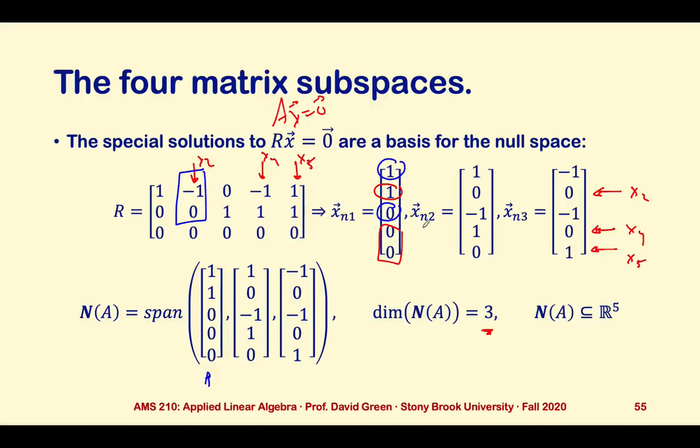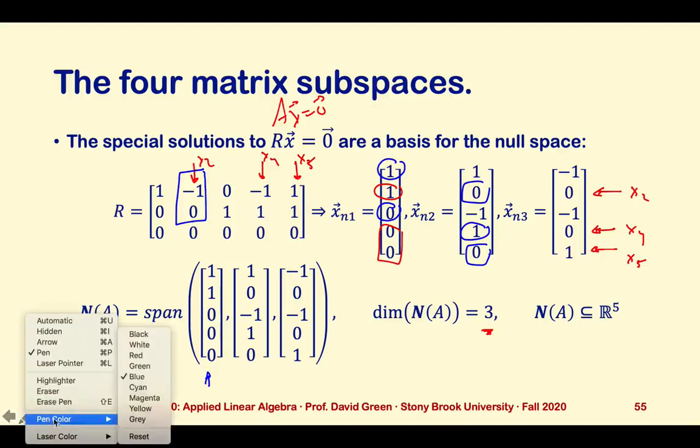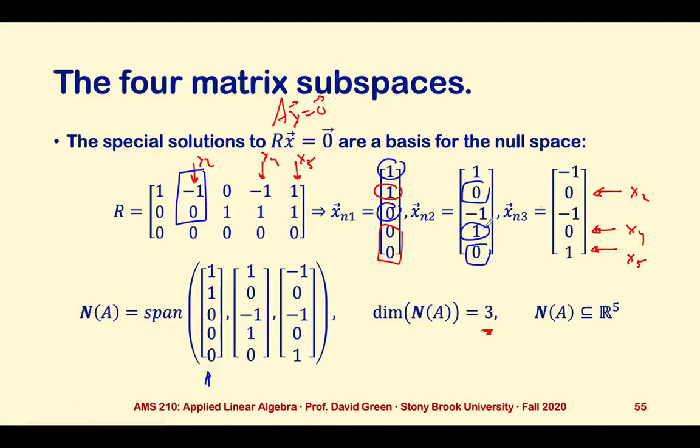For our second, we set x4 equal to 1, and x5 and x2 equal to 0. Then we go over to the fourth column, because this is the one where we had a non-zero free variable, and pull out the entries again.